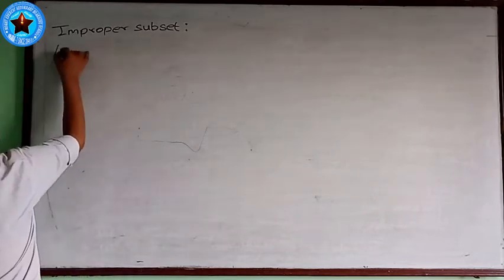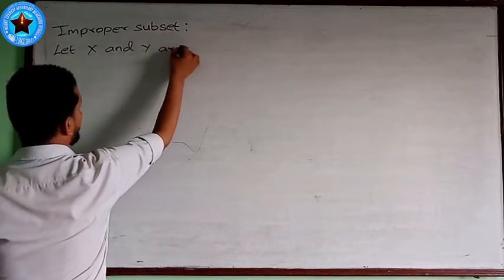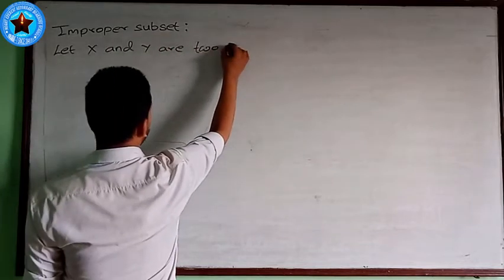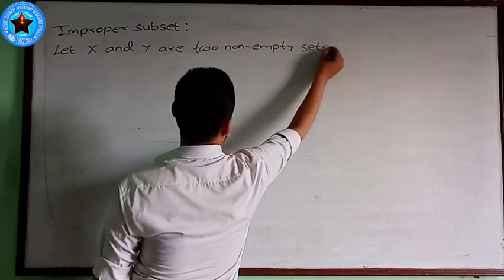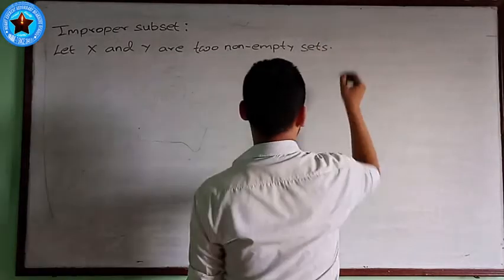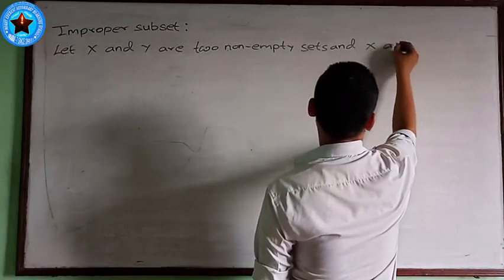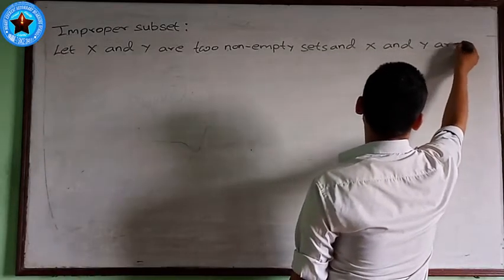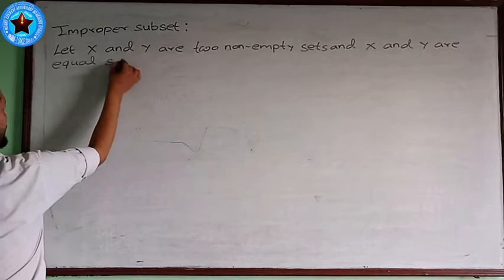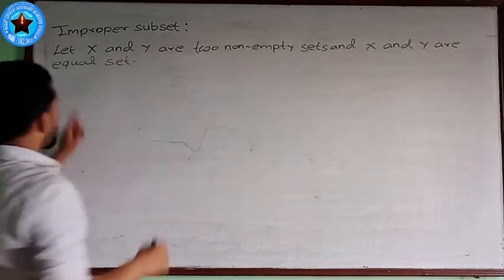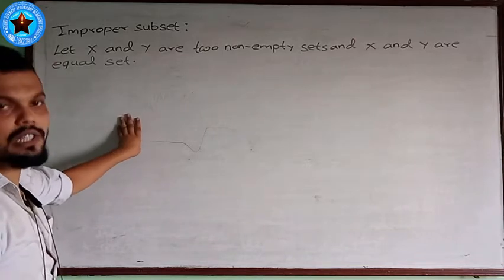Suppose that x and y are two non-empty sets, and x and y are equal sets. Here let x and y be the two non-empty sets and x and y are equal sets.